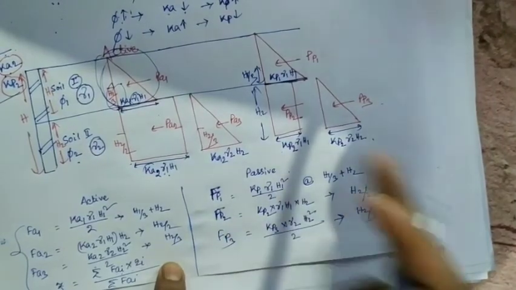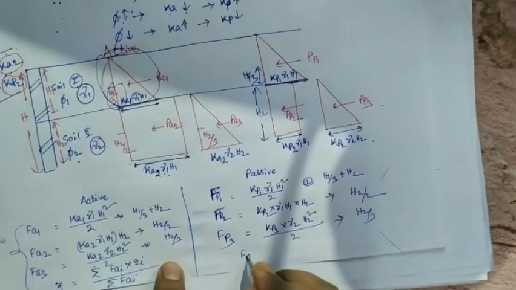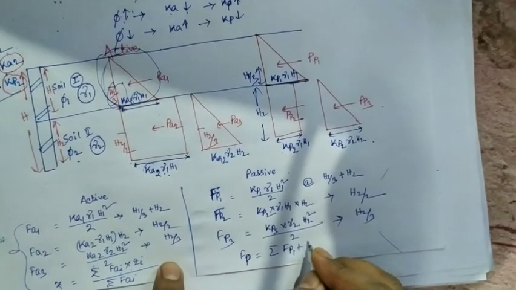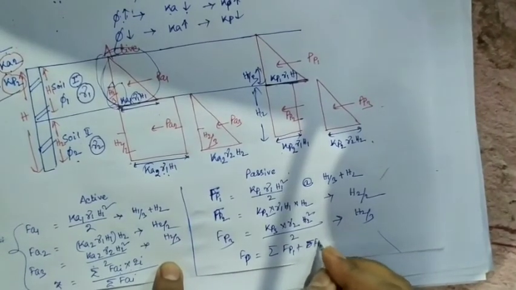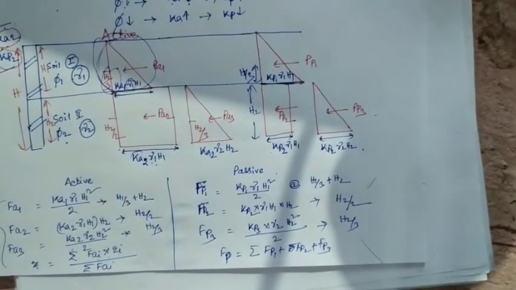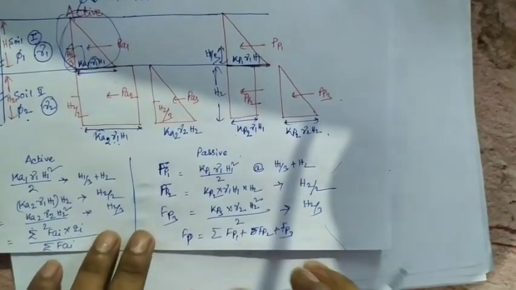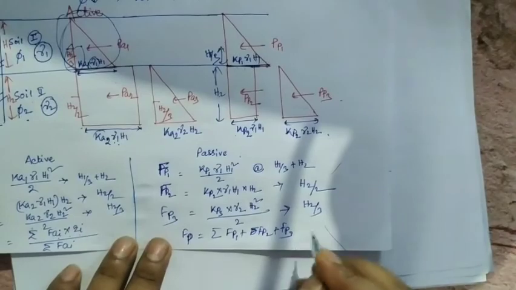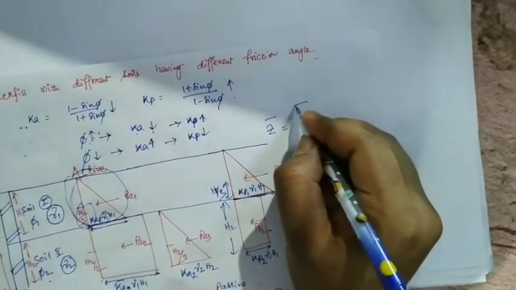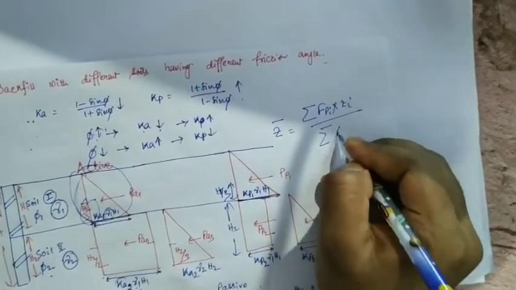So the total thrust, we just add all of them: Fp will be the summation of Fp1 plus Fp2 plus Fp3. Then what will be the point of application of the resultant thrust? It will be the same formula, the summation of Fpi into Zi by the summation of Fpi.